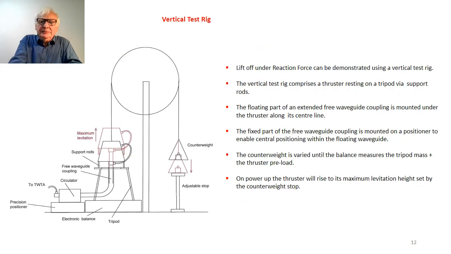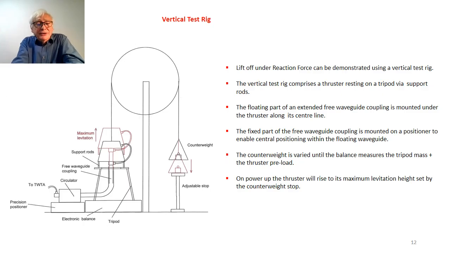Here we see a drawing of another sort of test rig. This is a vertical test rig where the weight of the thruster itself is counterbalanced on the other side of a fairly large wheel. In fact, what was used was a bicycle wheel for this particular demonstration. But the idea here is we can actually demonstrate liftoff over a small vertical height.